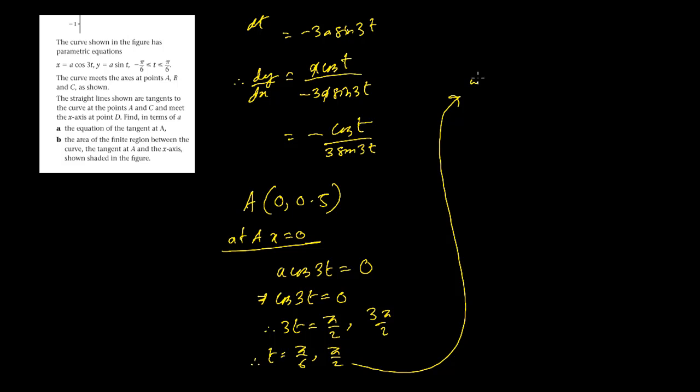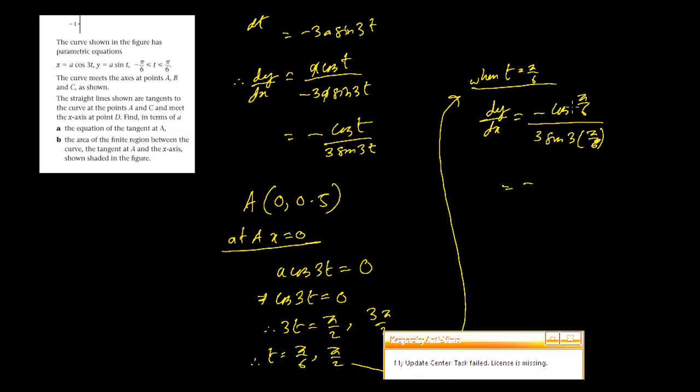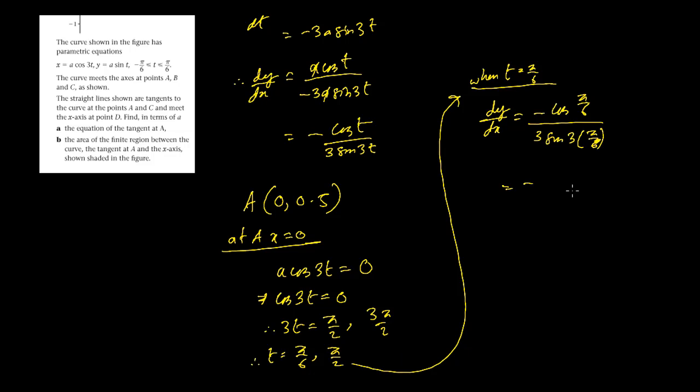So when t equals pi by 6, now we have to find the gradient, dy by dx. It would be minus cos pi by 6 divided by 3 sine 3 into pi by 6. So pi by 6 means 30 degrees. Cos 30 degrees is adjacent by hypotenuse.